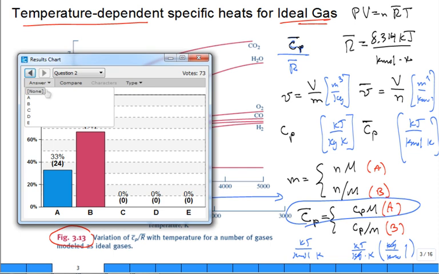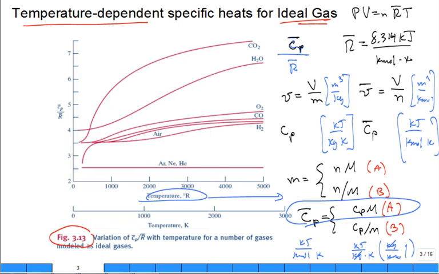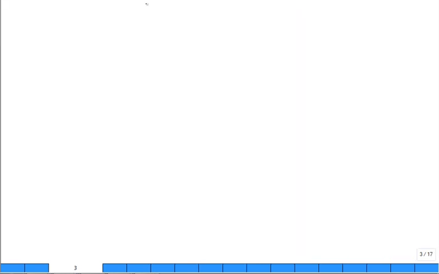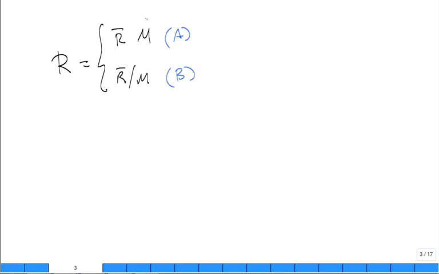Is this guessing? What's going on here? A little more evenly. Do you want to do another one? New page. Another one. I have R and I have R bar. Should I multiply by M or divide by M to go between R bar and R?